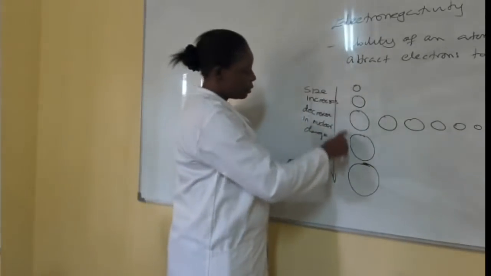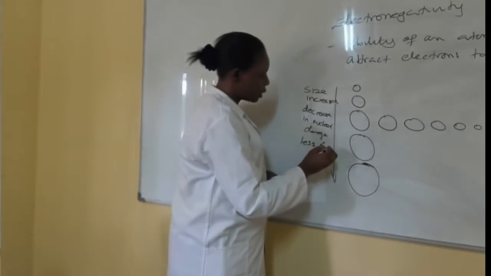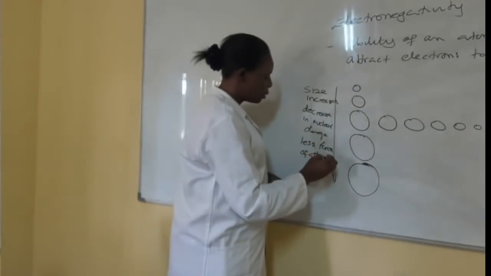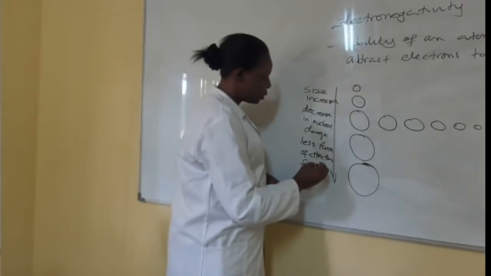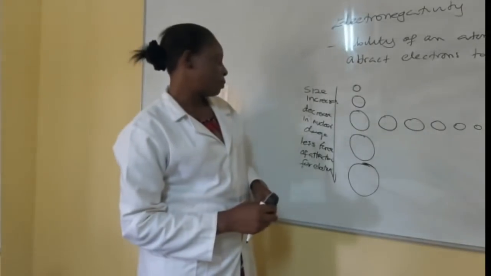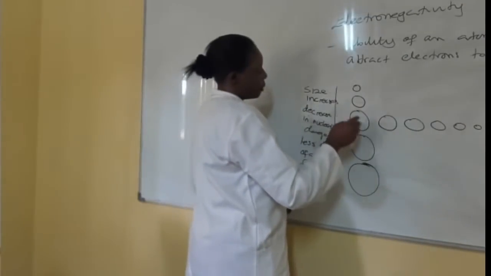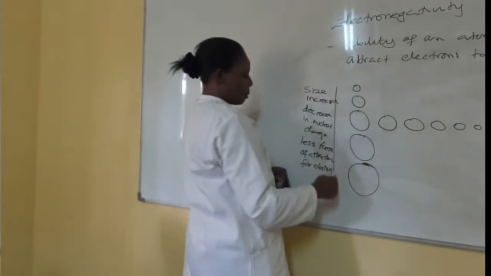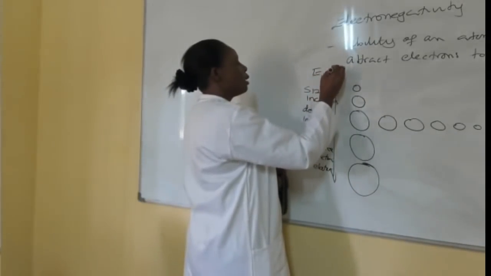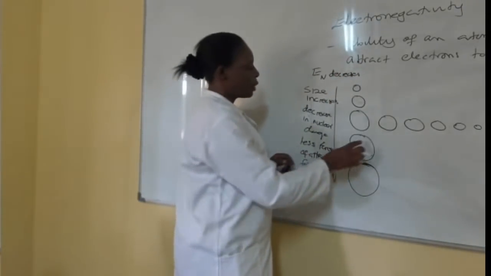So here there's less force of attraction for electrons as you move from top to bottom. Electronegativity decreases from top to bottom.